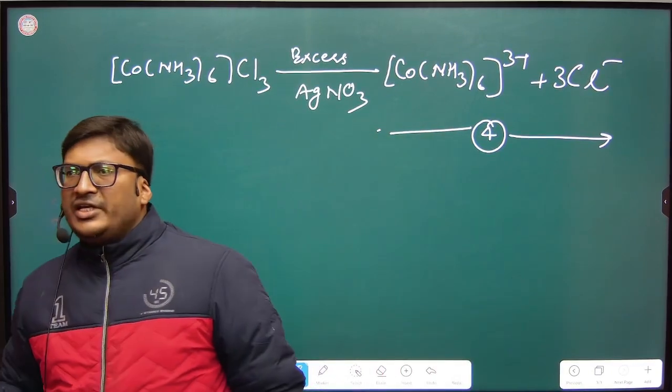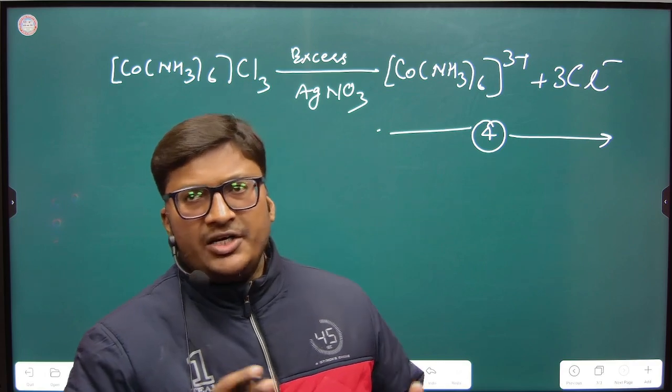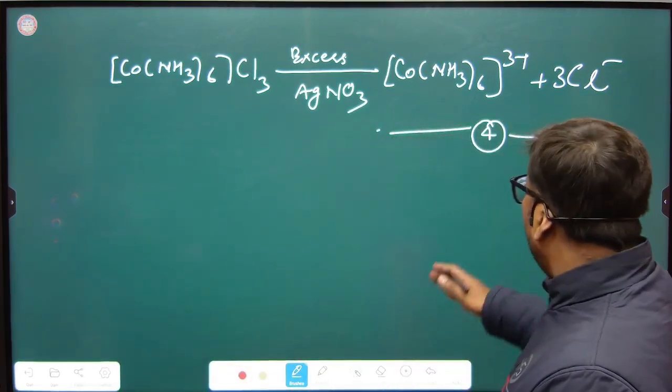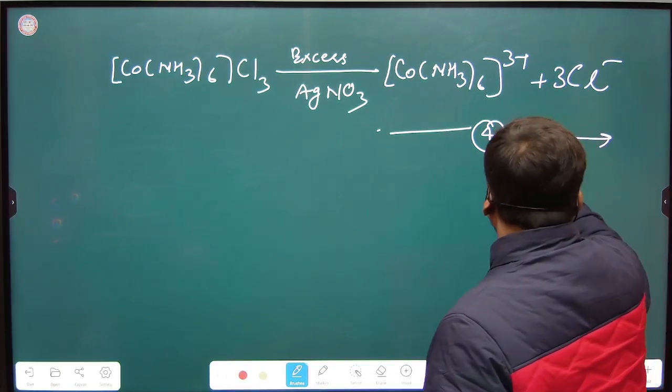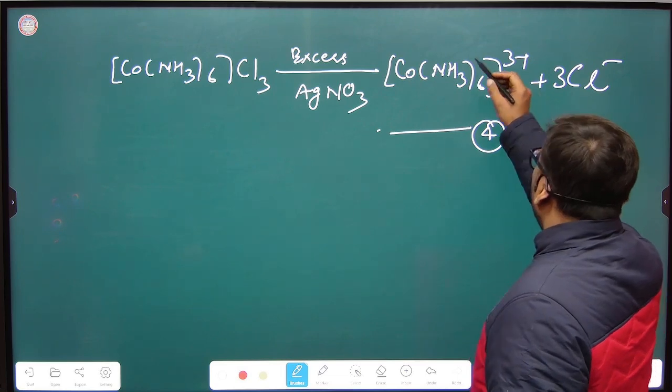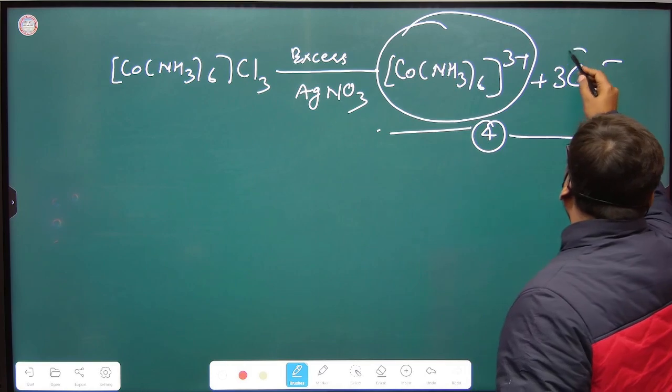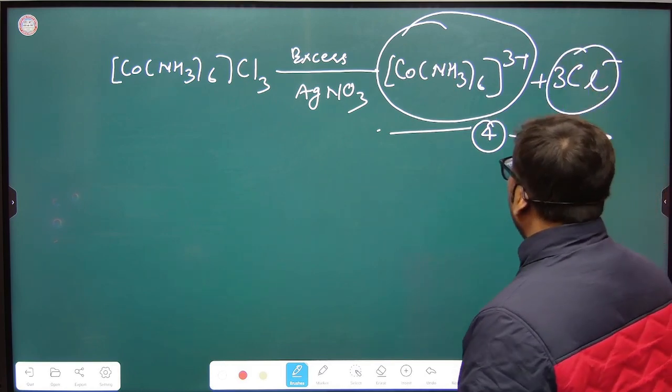So after the reaction with silver nitrate in aqueous solution, the total number of ions is 4: one complex ion and 3 chloride ions.